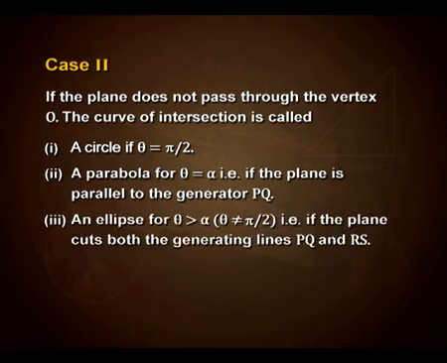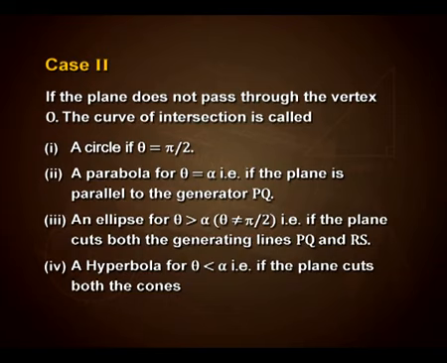It is called an ellipse for theta greater than alpha and theta not equal to pi by 2, that is, if the plane cuts both the generating lines PQ and RS. It is called a hyperbola for theta less than alpha, that is, if the plane cuts both the cones.